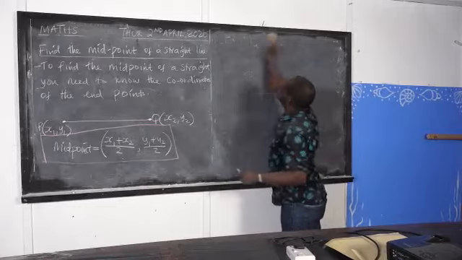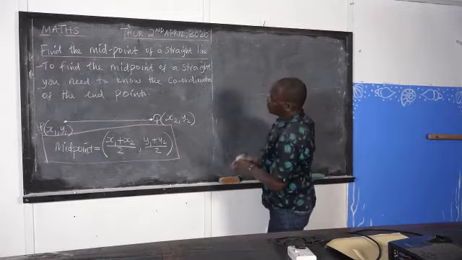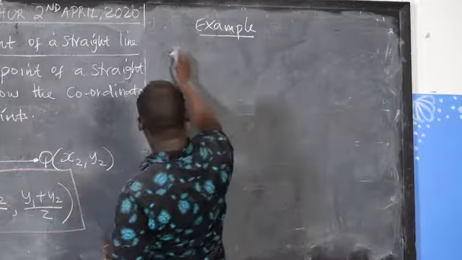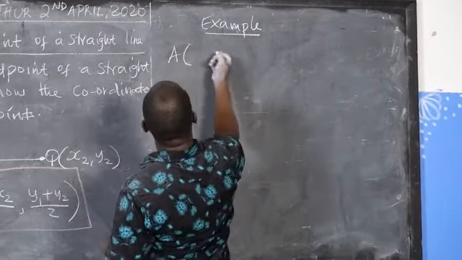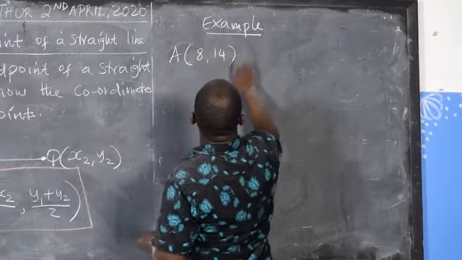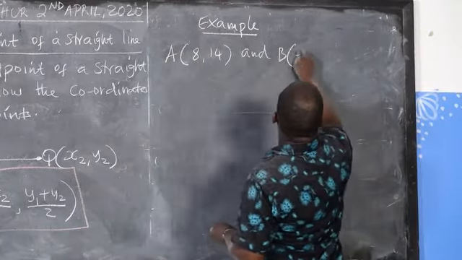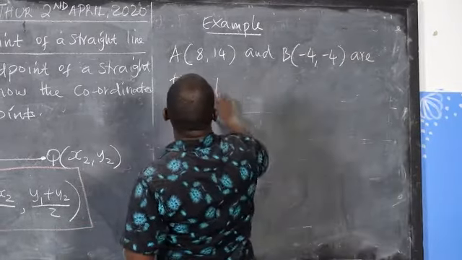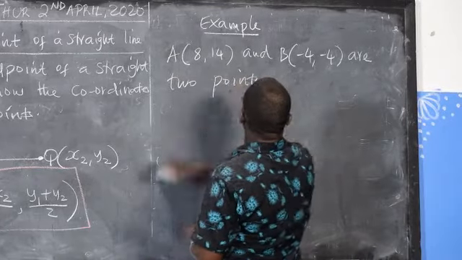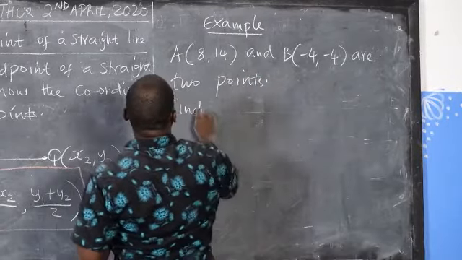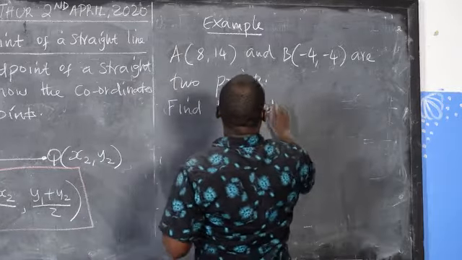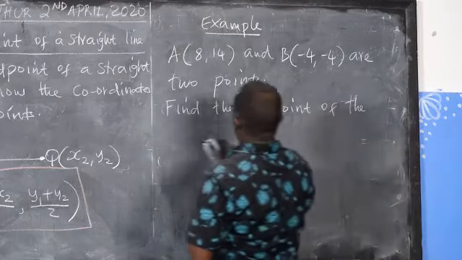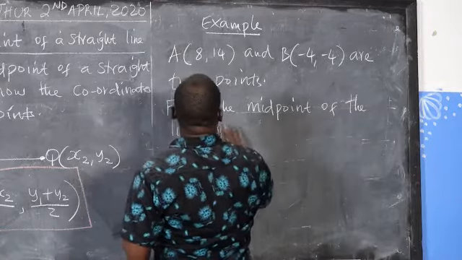So for example, I'll give you one example. We have A (8, 14) and B (-4, -4) are 2 points. So the question is, find the midpoint of the line AB.